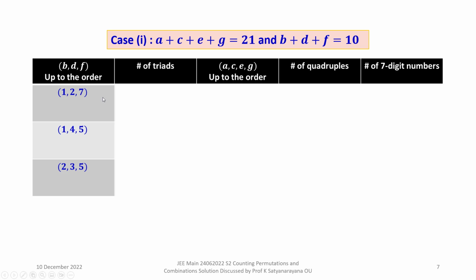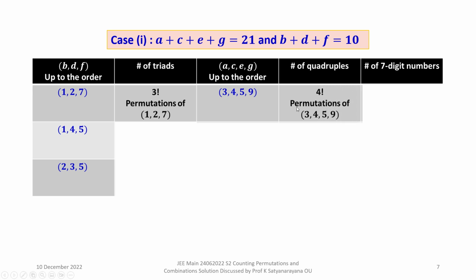These are three digits. Therefore, 3 factorial triads you will get. They are the permutations of 1, 2, 7. And for 1, 2, 7, ACEG up to the order such that the sum is 21 is 3, 4, 5, 9. Obviously, leave 1, 2, 7, the remaining ones are 3, 4, 5, 9. So corresponding to 3, 4, 5, 9, if you permute them, you get 4 factorial quadruples.